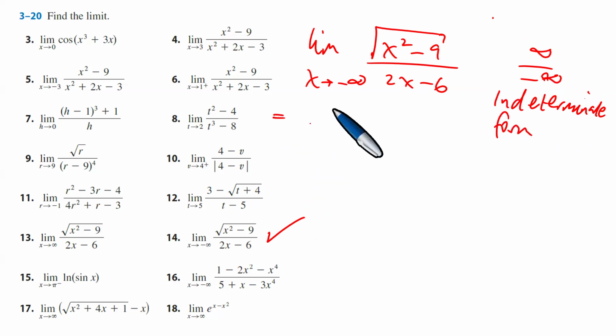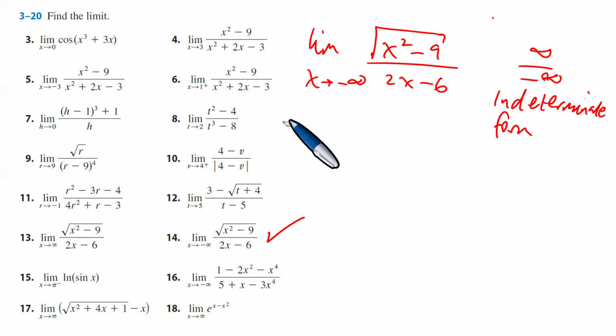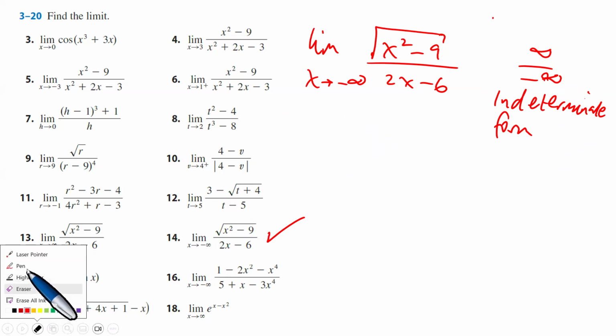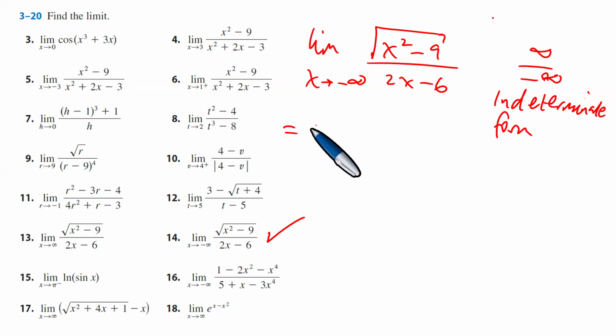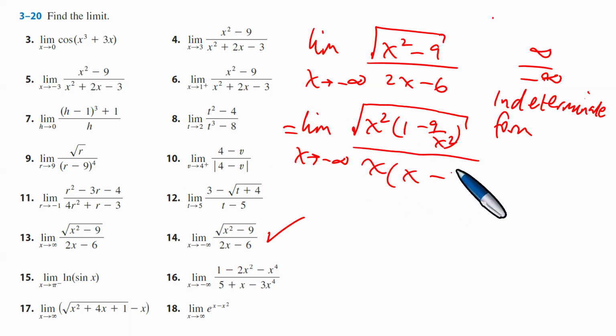So we need to take the limit as x approaches minus infinity. Pull out x squared: the square root of x squared times 1 minus 9 over x squared, divided by x times 2 minus 6 over x.